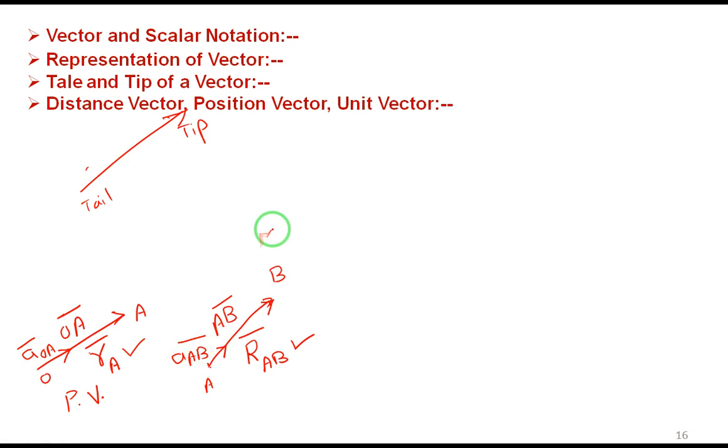For the distance vector, the first point and second point; for the position vector, we use the small letter r, where the first point is the origin and is not mentioned, and we mention the final point. Let me take it as A. So this is the r_A vector, and the unit vector is a vector directed along the given direction. We use a small letter, and if the points are A and B, the unit vector is the a_AB vector. I hope it is clear.